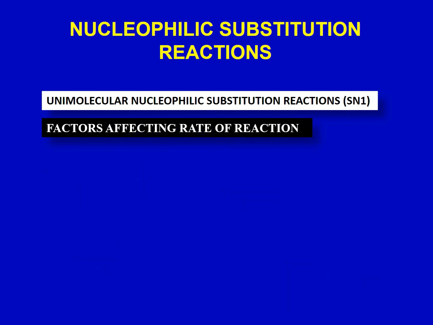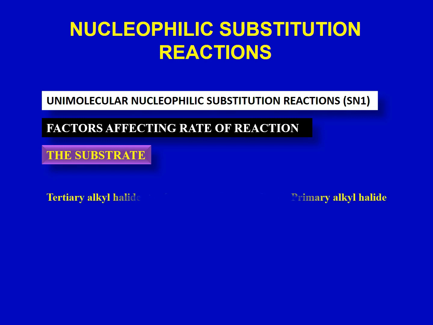Now let's see what factors affect the rate of reaction of the SN1 mechanism. The first factor is the substrate itself. The substrate, which is an alkyl halide in this case, can be of different types. We can have a tertiary alkyl halide, a secondary alkyl halide, or a primary alkyl halide, and I have written them in order.